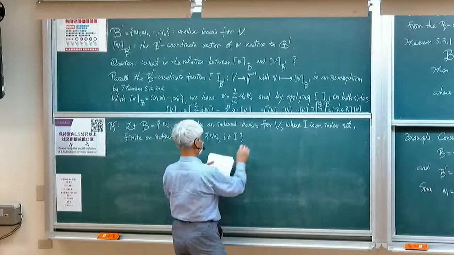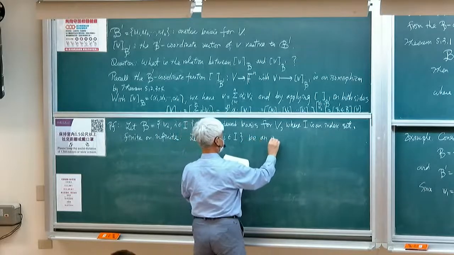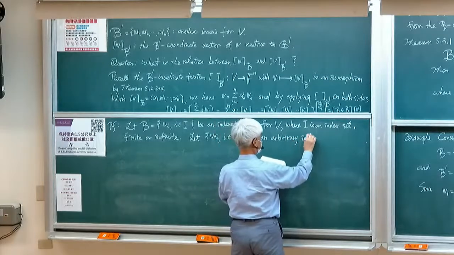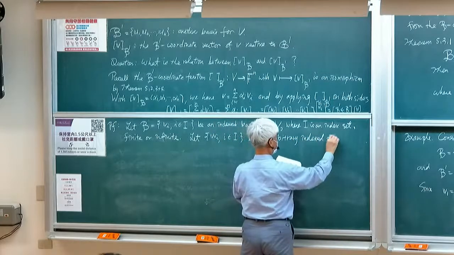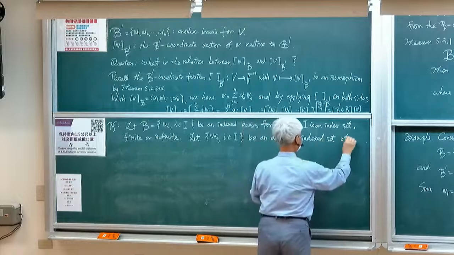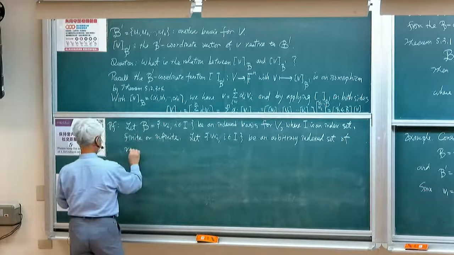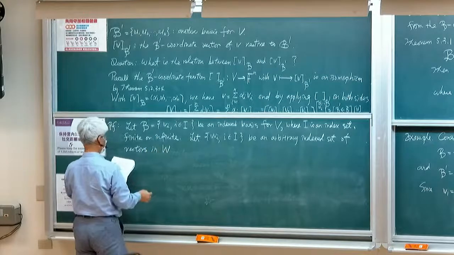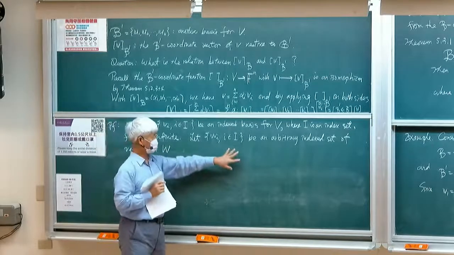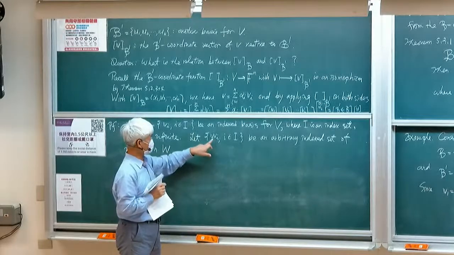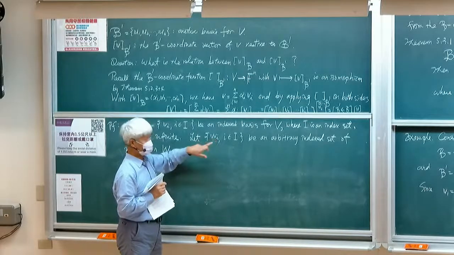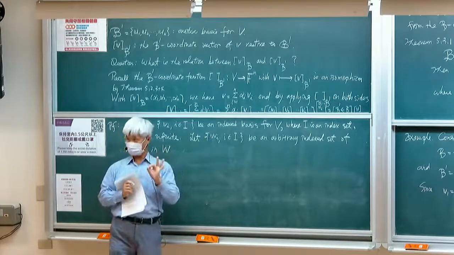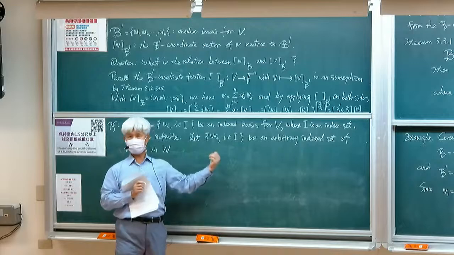Let Wi be an arbitrary indexed set of vectors in W. Because they are just indexes, it's possible that for different indices i and j, Wi and Wj would be equal. It's possible, because they are an indexed set.